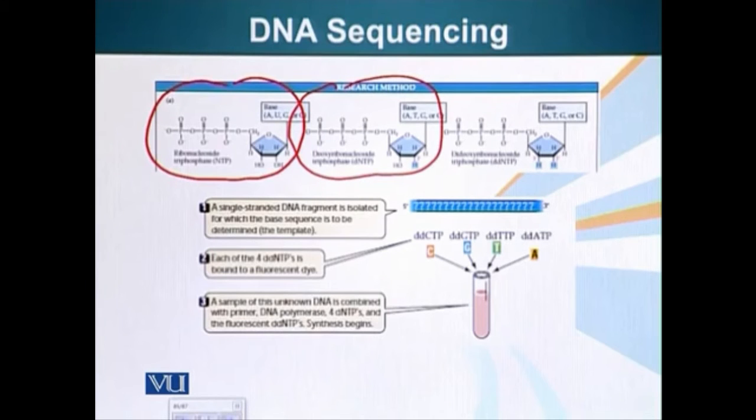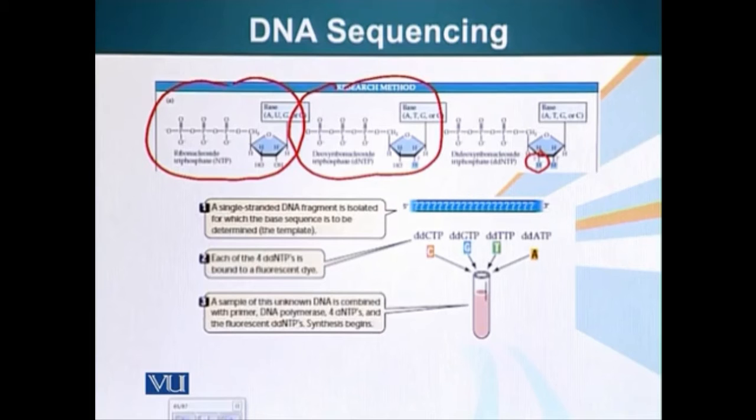As you know, the carbon atom number 3 has the 3' hydroxyl, which is required for extending the DNA chain. If the 3' hydroxyl is not present, a new nucleotide cannot be added to the growing DNA fragment.